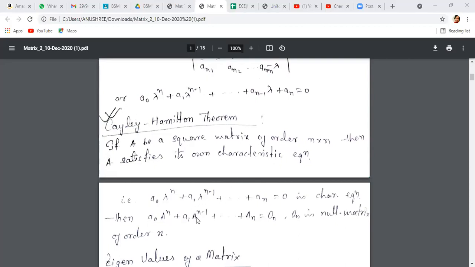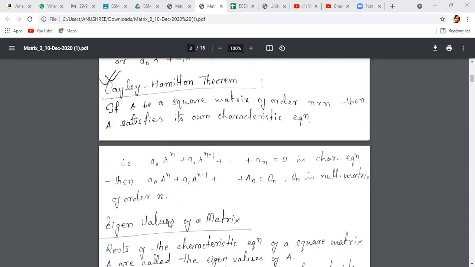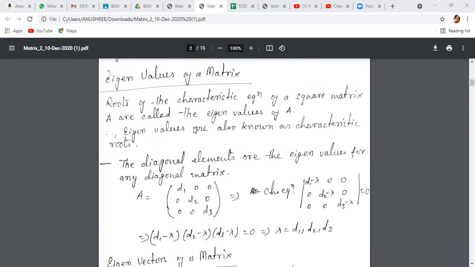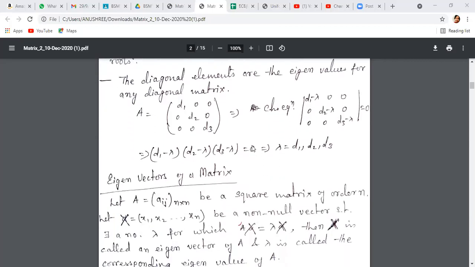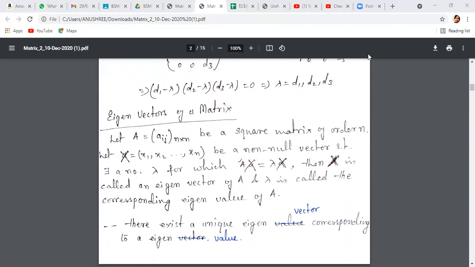For any square matrix, the lambda in the characteristic equation can be replaced by the matrix itself. Acha. The eigenvalues, as I just told you, are the roots of the characteristic equation of a square matrix. Now come to the vectors. Let A be a square matrix of order n, with X equal to the column matrix x1, x2, ..., xn, a non-null vector.